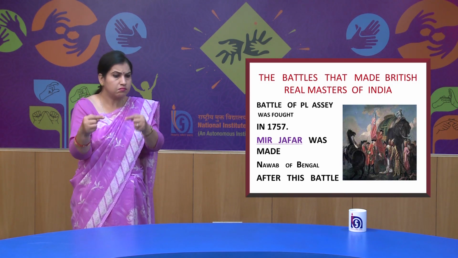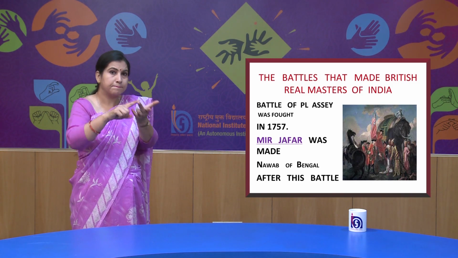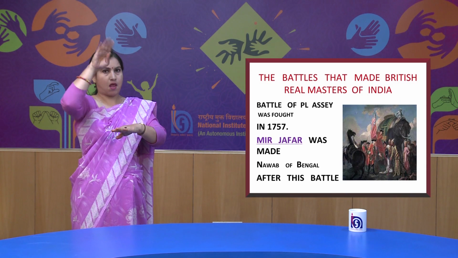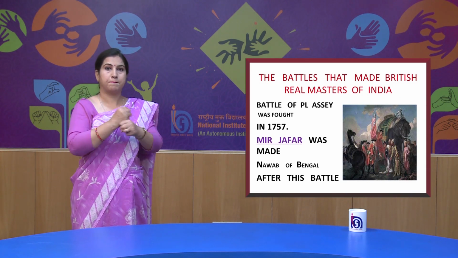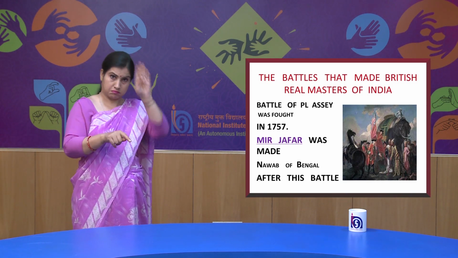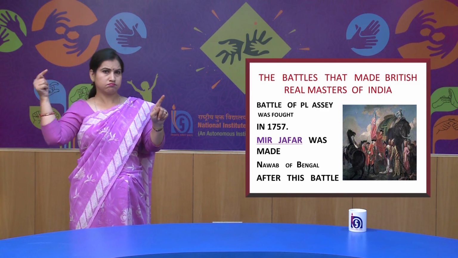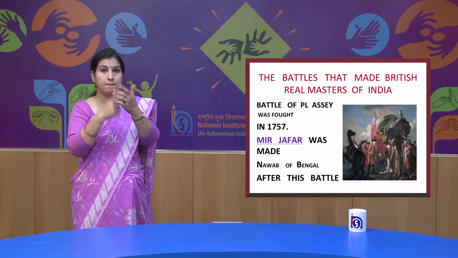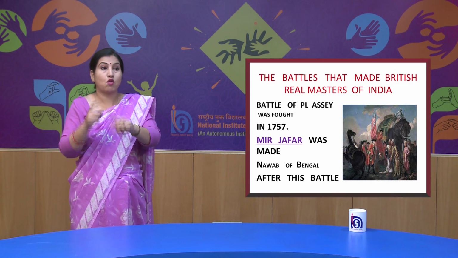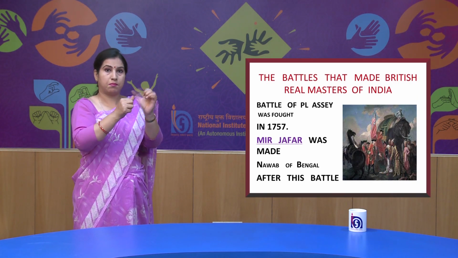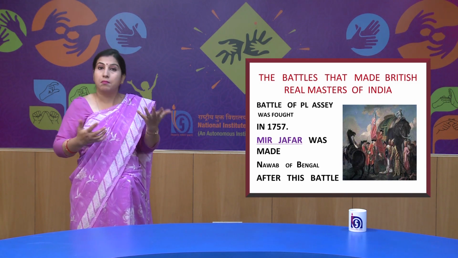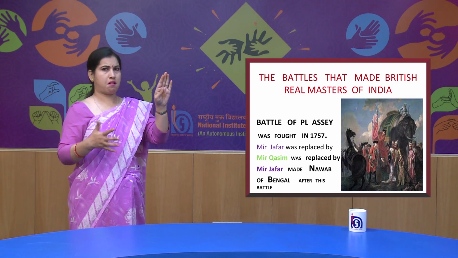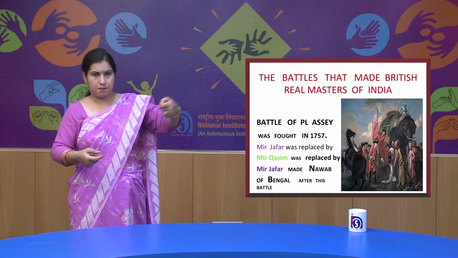After the battle, Mir Jafar was made the Nawab of Bengal. In return, the British received the territory of 24 Parganas from the Nawab. However, the Nawab was not able to make all the payments to the company.